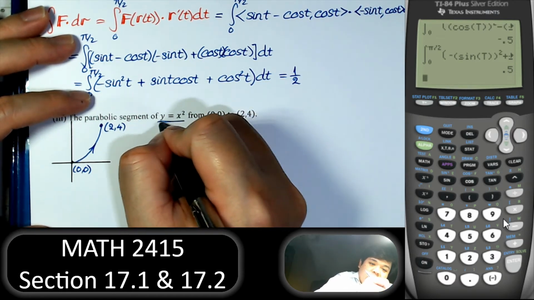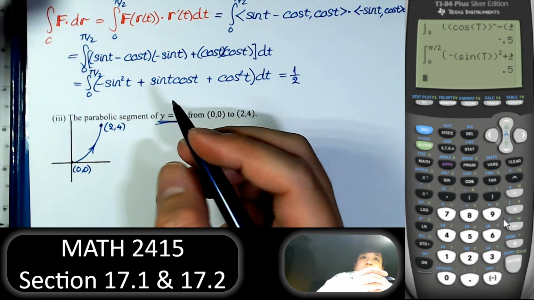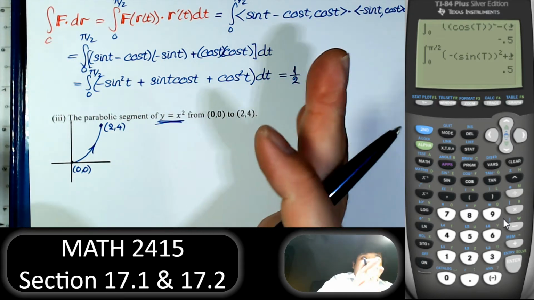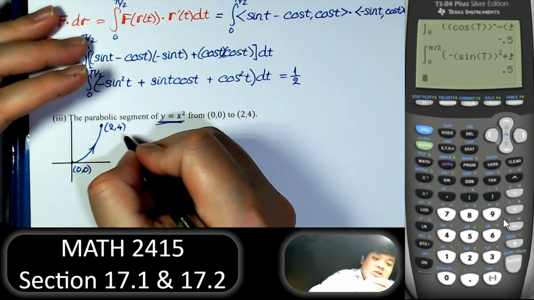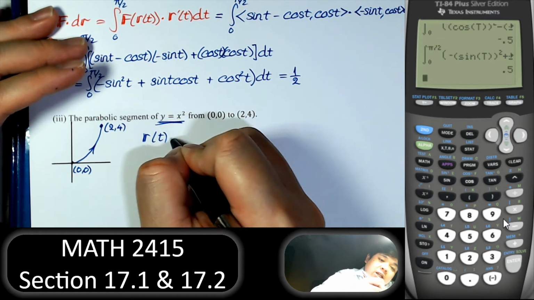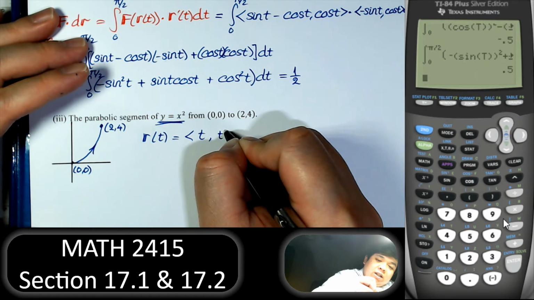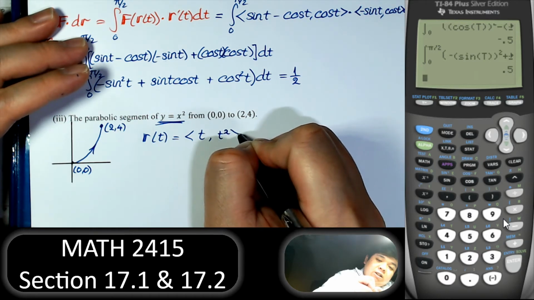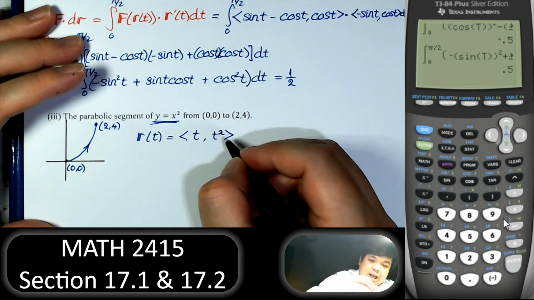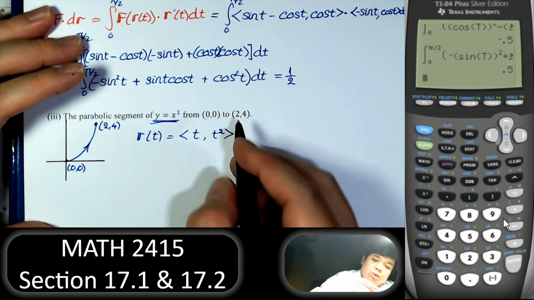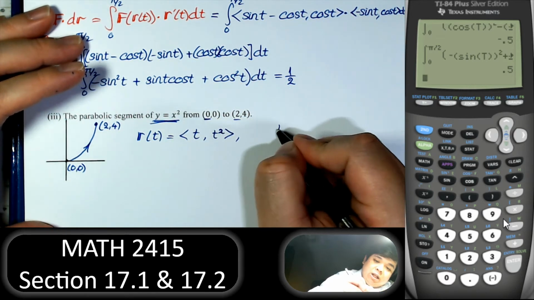Because we have y equal to x squared already, this is usually natural. We should let one of them equal t, and the other depends on it. So in this case, we let x equal t, and y is t squared. And then x goes from 0 to 2, so t goes from 0 to 2.